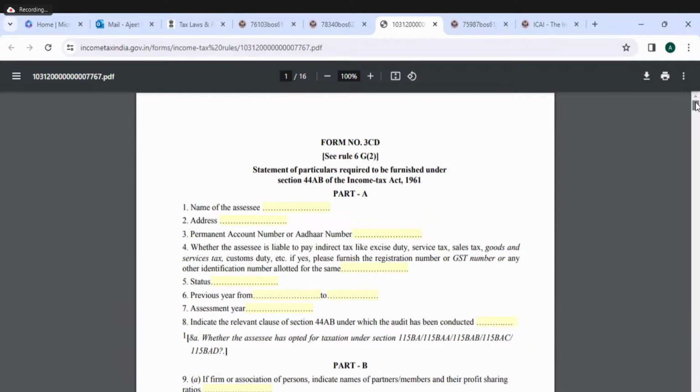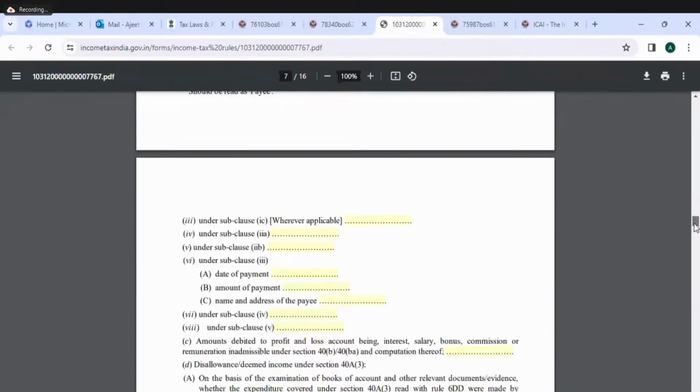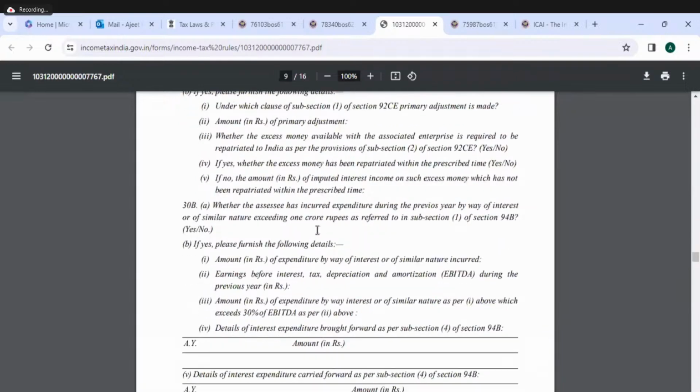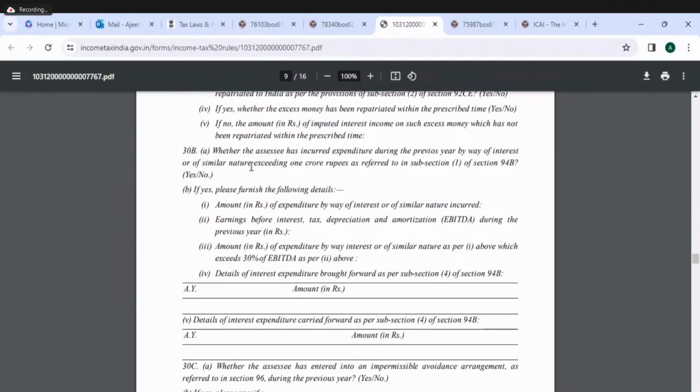There is a clause 30B. What it requires: whether the assessee has incurred expenditure during the previous year by way of interest or of similar nature exceeding 1 crore as referred to in sub-section 1 of section 94B. So firstly, you have to see the applicability of 94B.